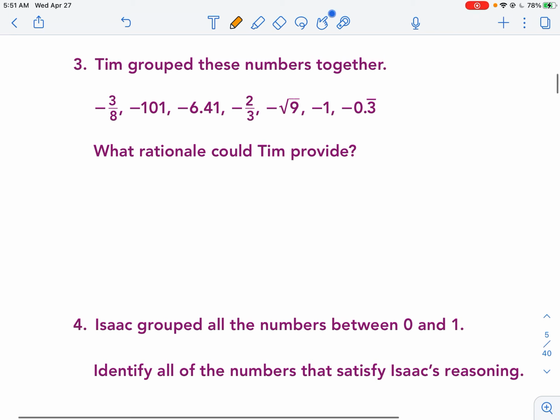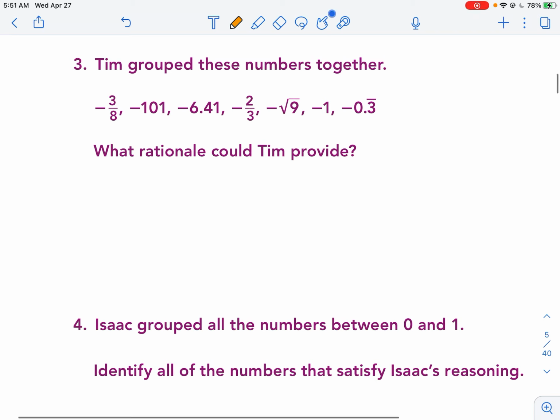Okay, now it wants us to go back to what we were looking at on page 13 and figure out which numbers are between 0 and 1. I have to get rid of this.